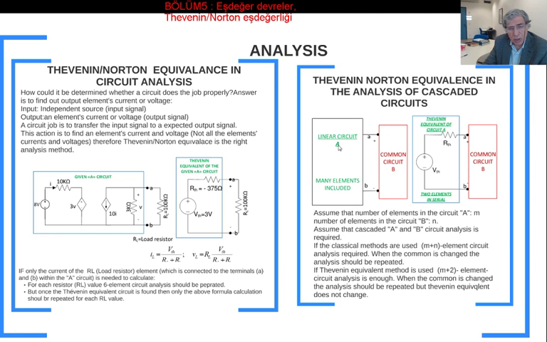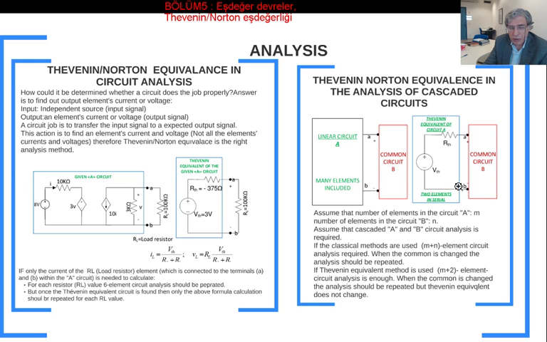This is circuit A and this is circuit B. Now we are going to analyze the whole circuit A and B together. First, we find this green circuit's Thevenin equivalent circuit, which is this. Then we can analyze A and B together in here.